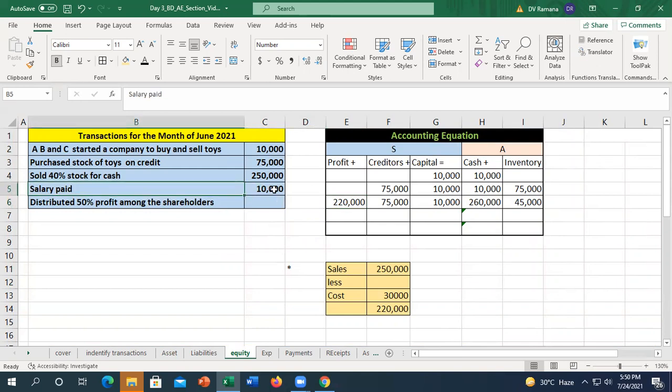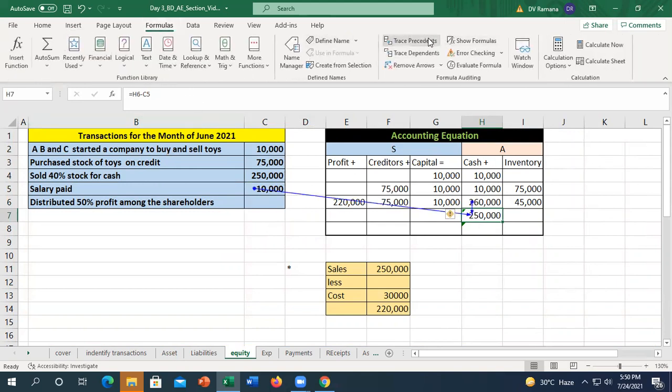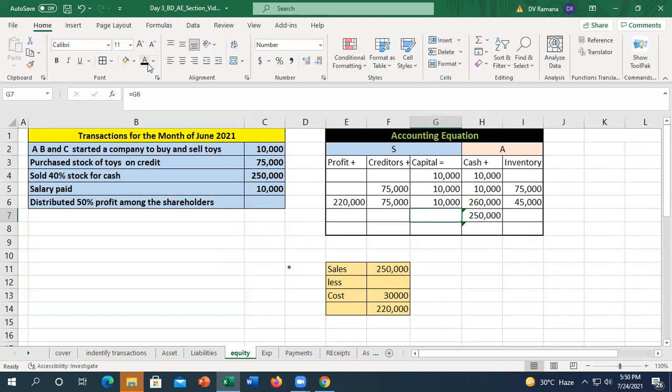Now, salary paid 10,000. So cash will reduce to the extent of the salary. No change in the capital. No change in the creditor, but the profit will reduce to the extent of the salary.